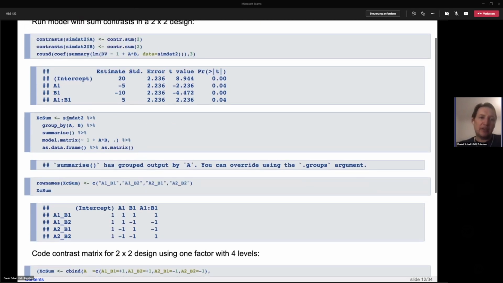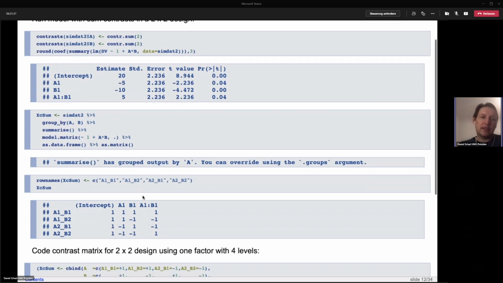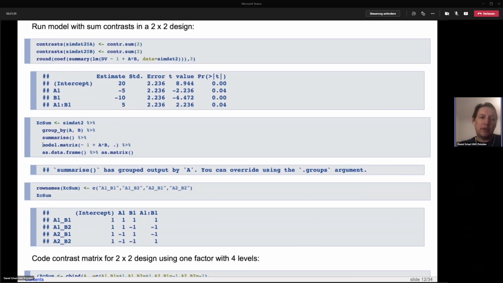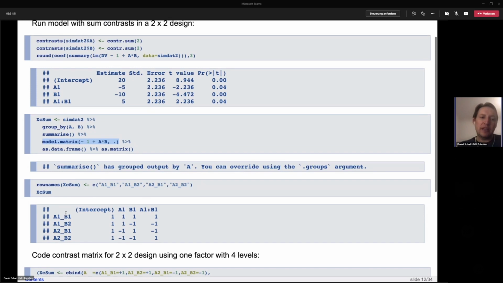We can actually extract that using a little bit of tidyverse. We can extract the model matrix for A times B from this data, but we do it in a way such that we get each condition only once. So we can see we have 4 conditions here.